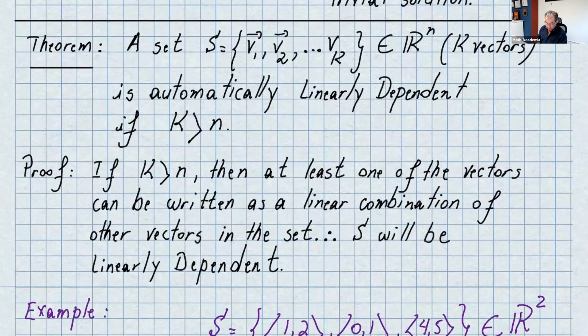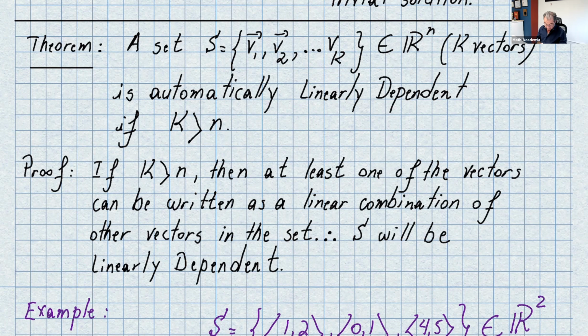Next, a set of vectors again in Rn. We have k vectors. So be careful, we have k vectors and we are in Rn. The set is automatically linearly dependent if k is greater than n. What do I mean by that? Let's say you are in R2 and you have three vectors, then for sure that set will not be linearly independent because you have more vectors than the dimension.